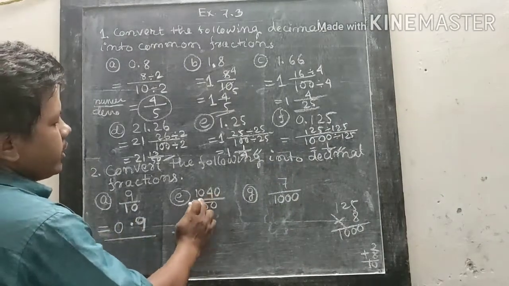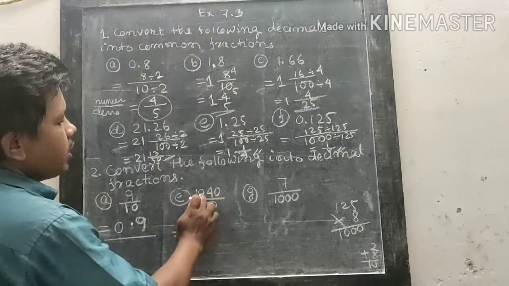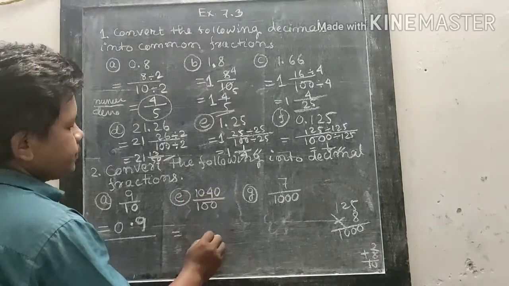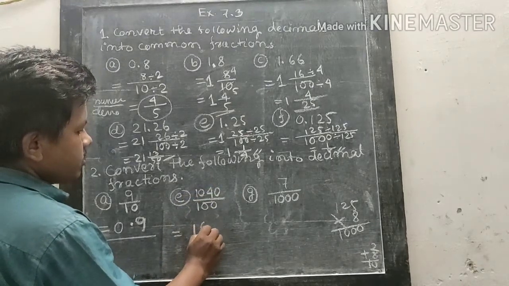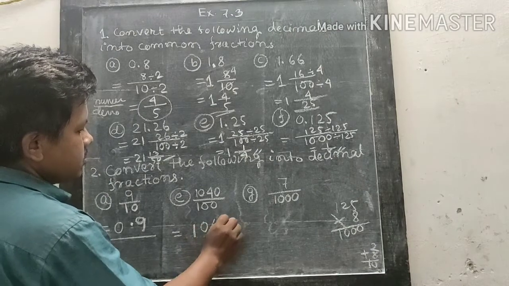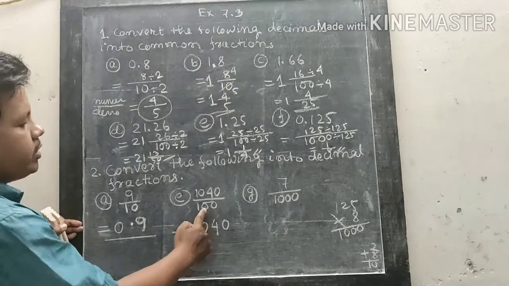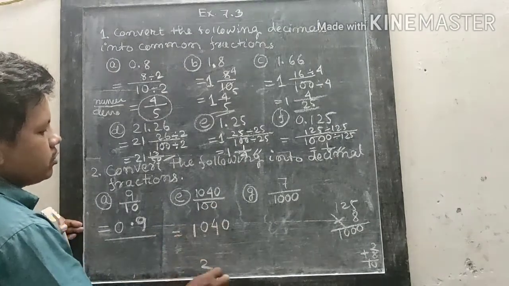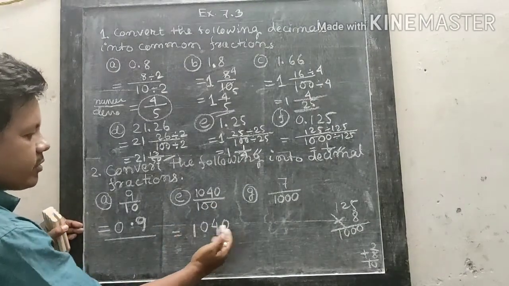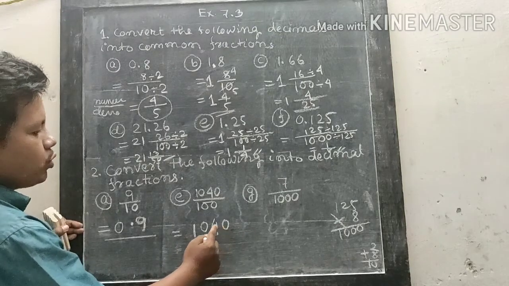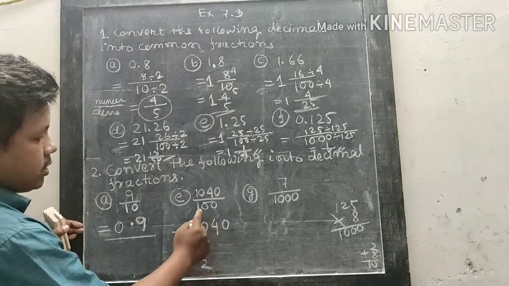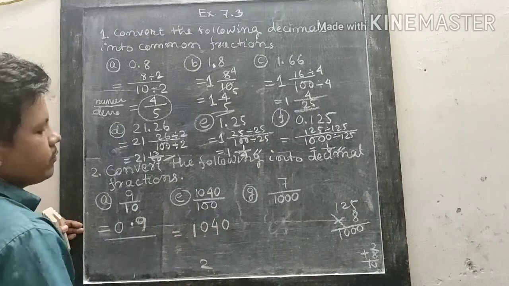Then you can put 0. Here also, as the numerator we have 1040. We shall write the numerator. Then we count how many zeros there are: 2. So from the extreme right we shall put the point after 2 numbers.